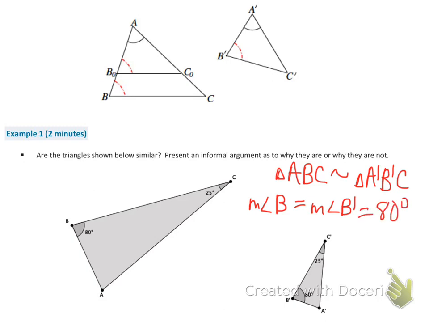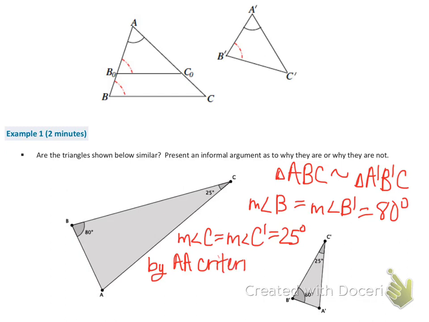And the measure of angle C is equal to the measure of angle C', which is 25 degrees. And because I know that they have two pairs of corresponding angles that are equal, I could say by the AA criterion, the triangles are similar.